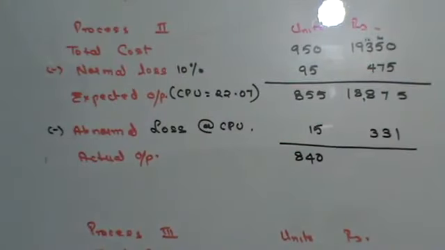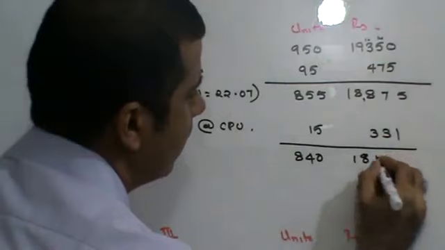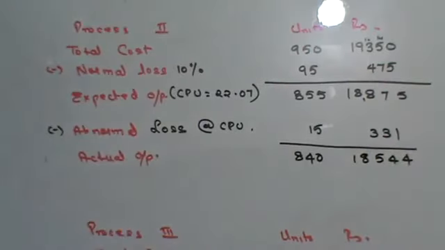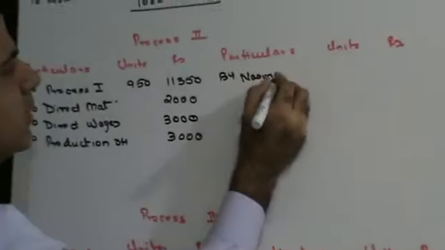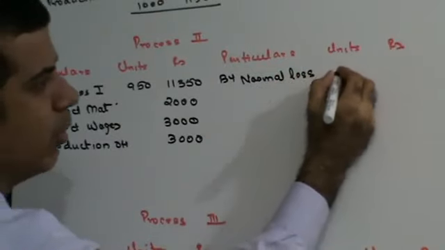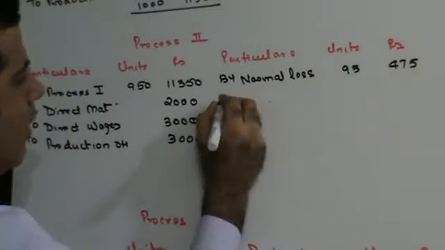Right? Subtract this. When you subtract this, this will give you 18,544. Once you've done this, transfer this here. So this is going to be by normal loss. Normal loss is 95 units, 475.